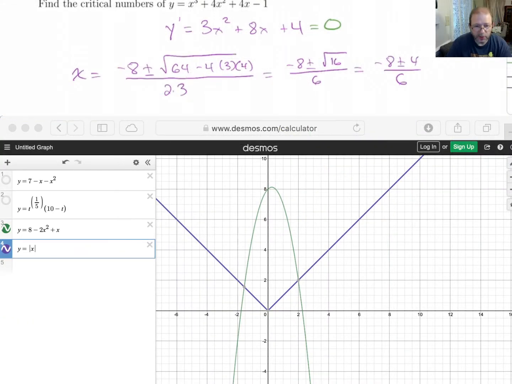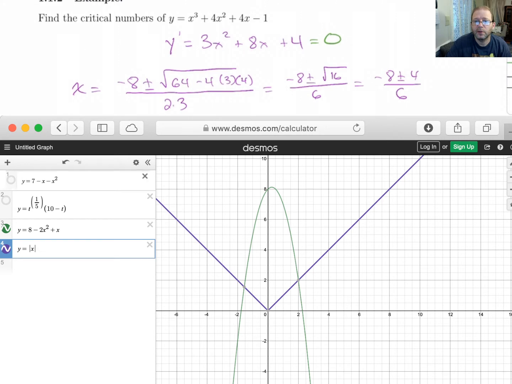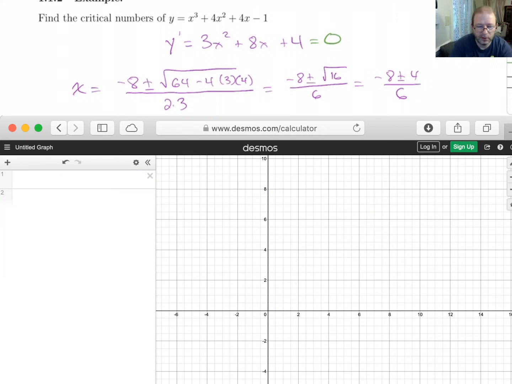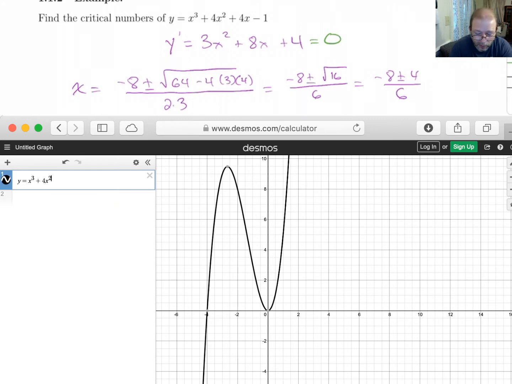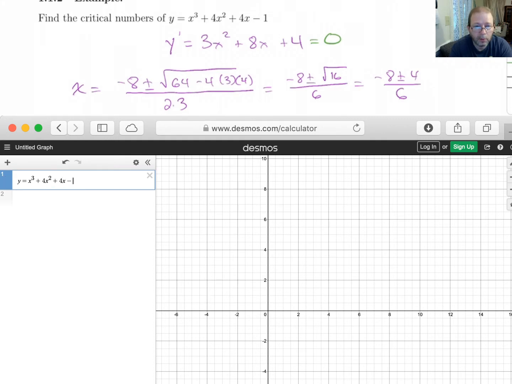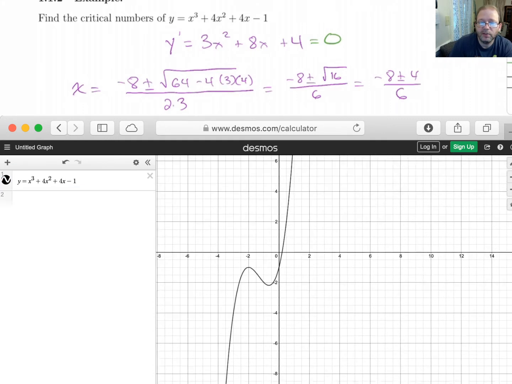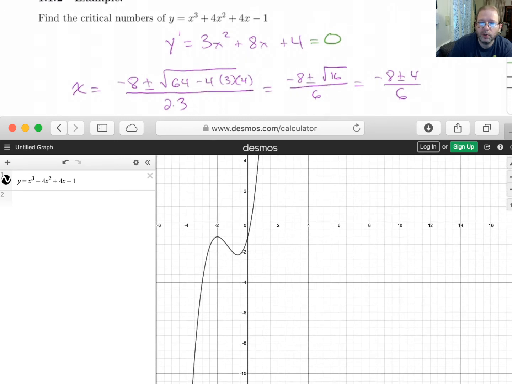All right, I'm going to put the function in first. Our function is y equals x cubed plus 4x squared plus 4x minus 1. All right, so we get this, and the critical numbers are going to be the x value at the peak and the valley there, the local max and min.